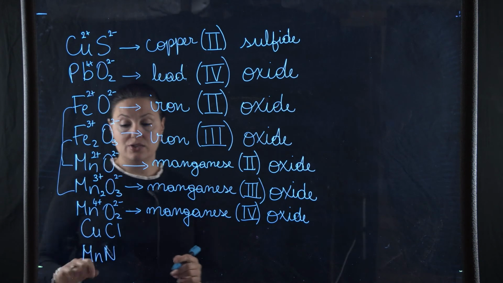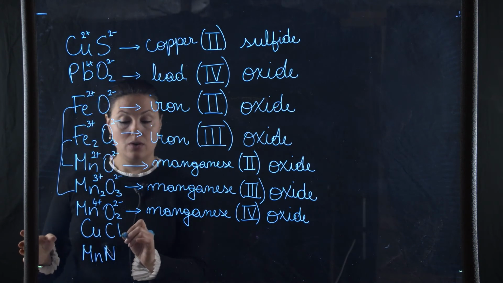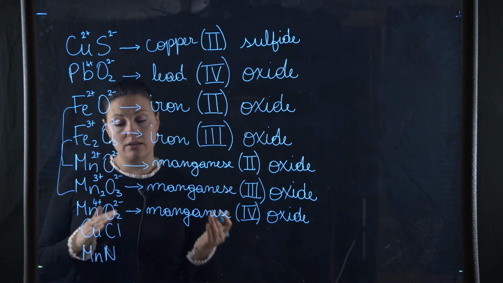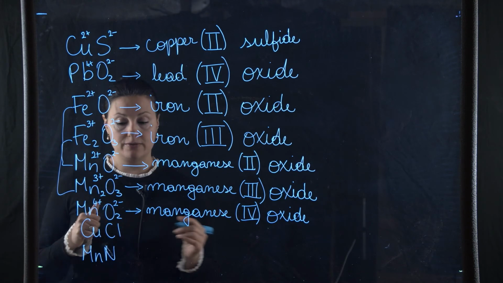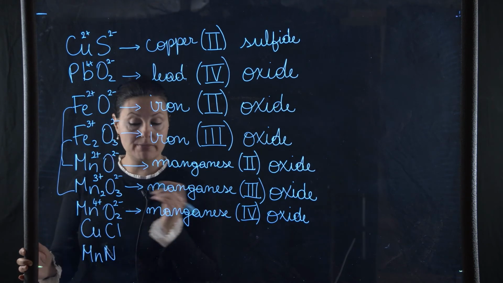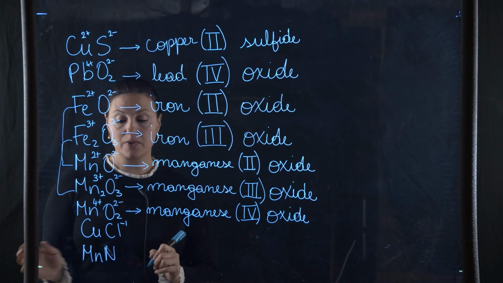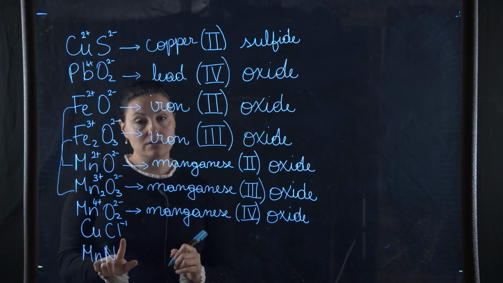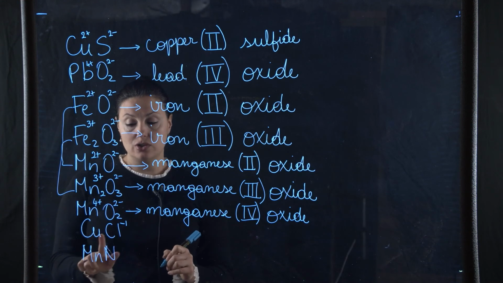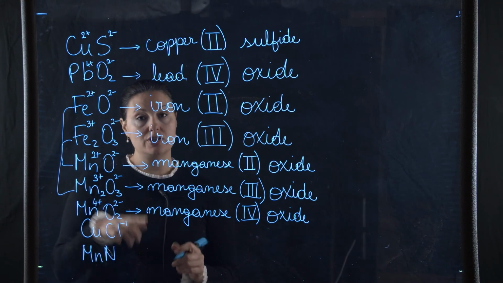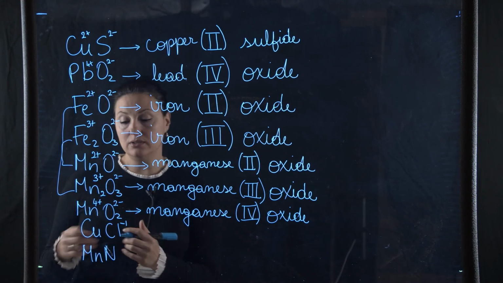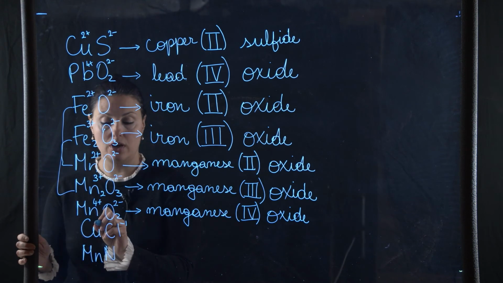Let's look at the last 2. Once again, I always look at the anion first because they always make the same ion. Chlorine always has a 1- ion. Because I have 1 atom of each, the 1- charge has to be balanced by a 1+, and that will be the charge on the copper.